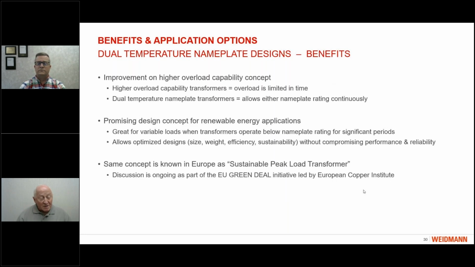The difference between a dual rating system and an increased overload capability system is that in a dual rating system, both levels of capacity can be continuous levels. So we can run the transformer continuously at both levels of nameplate ratings, or both levels of temperatures.